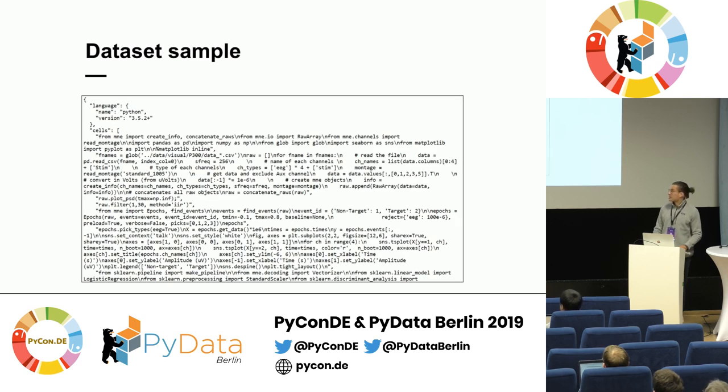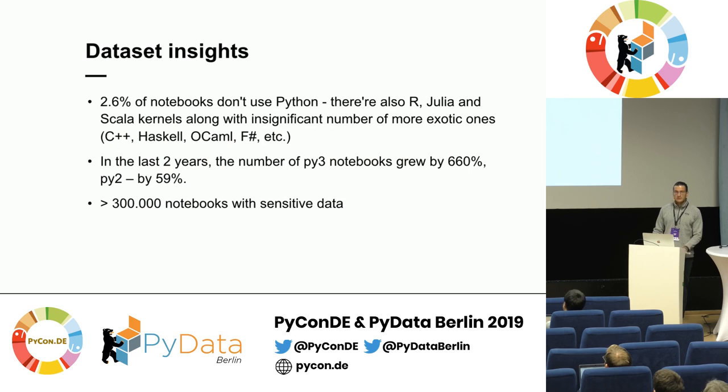Here's an example of a simple Jupyter notebook file with some metadata and cell structures in JSON. Before we started to implement anything and create predictive models, we got some insights from these 6 million notebooks. They're on the slide.